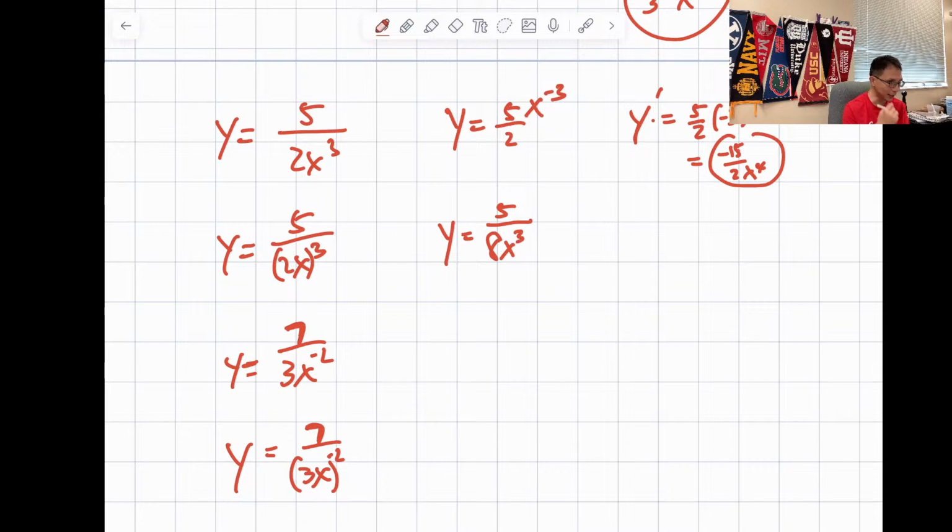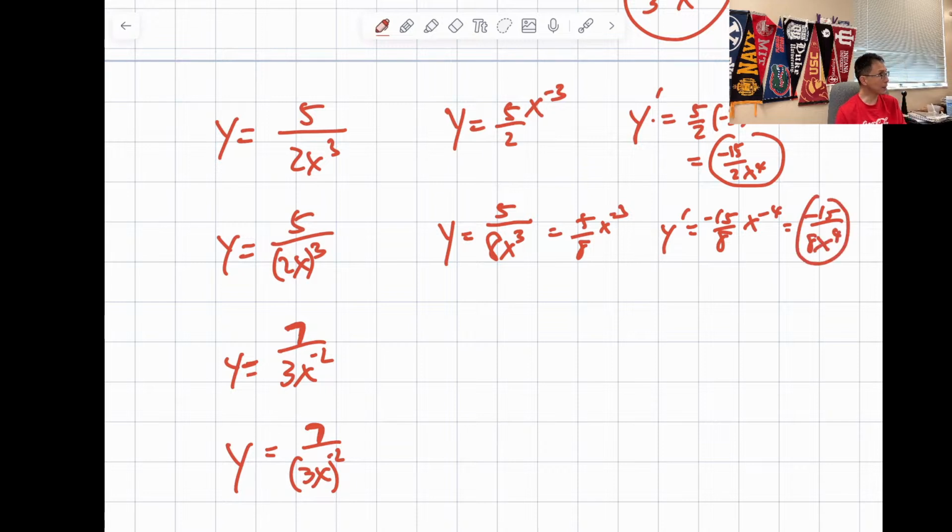It looks like the same problem, but they're not the same because the parentheses changed. So that is equal to 5 over 8x to the negative 3, you move it to the top. Y prime is equal to negative 15 over 8x to the negative 4, or negative 15 over 8x to the 4th. Does that make sense? It's not hard, you just have to understand it.